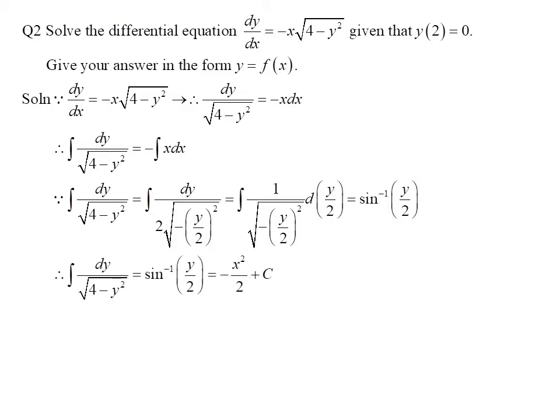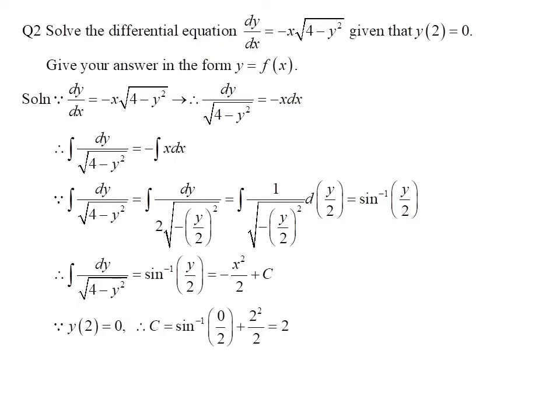Hence, the integral of 1 over the square root of 4 minus y squared with respect to y equals arcsine of y over 2, which equals negative x squared over 2 plus c.